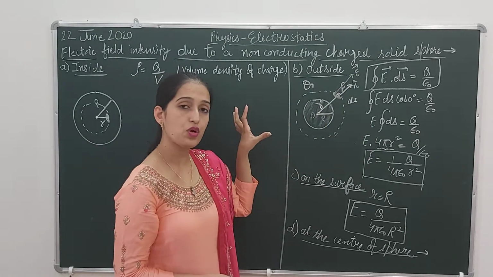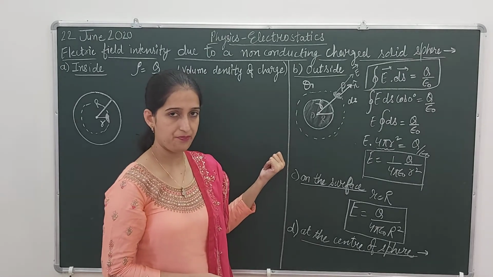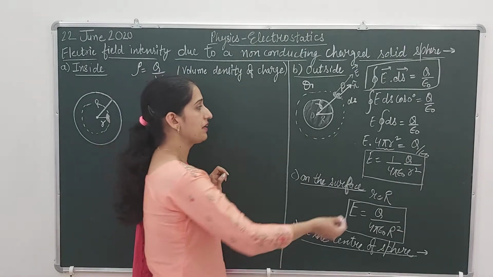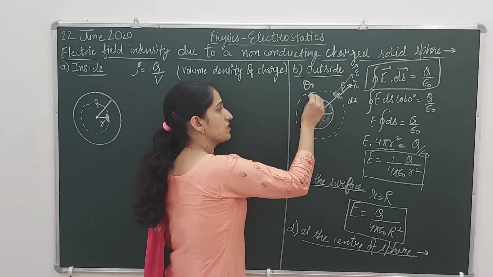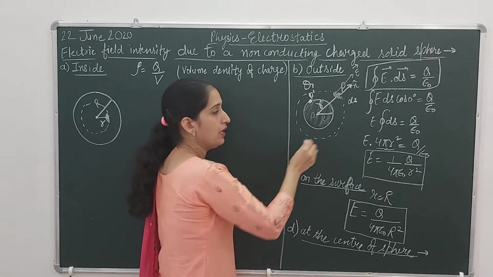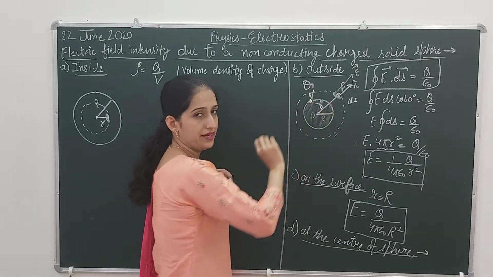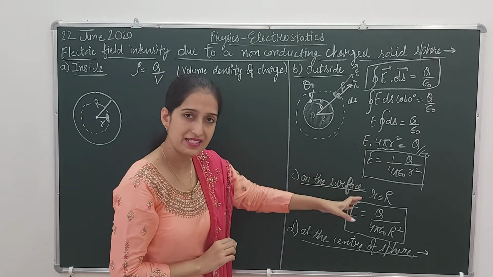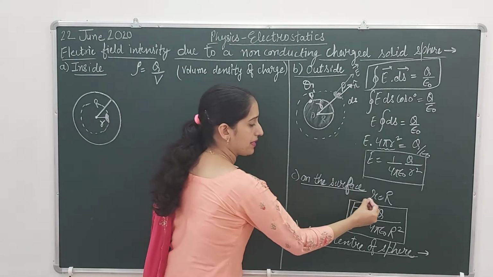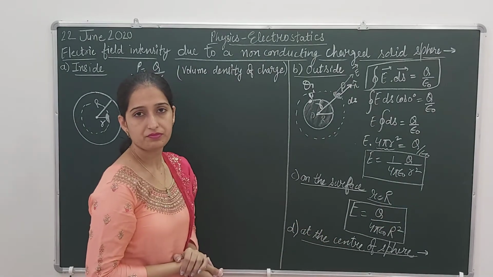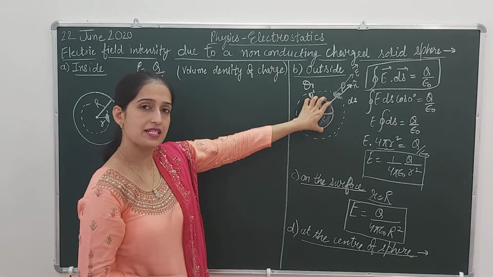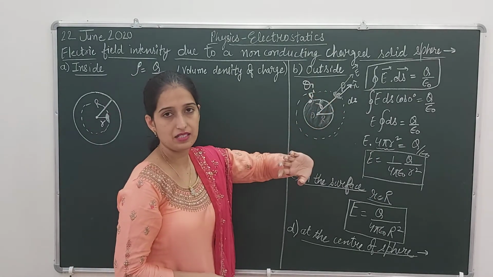This is also a revision for the previous topic. Now, on the surface of the solid sphere, if I want to calculate, suppose this is my new point P dash, the procedure will remain the same. The only difference will be that r will be replaced by capital R. Otherwise everything is the same, because total Q charge is here also and in the previous case also.